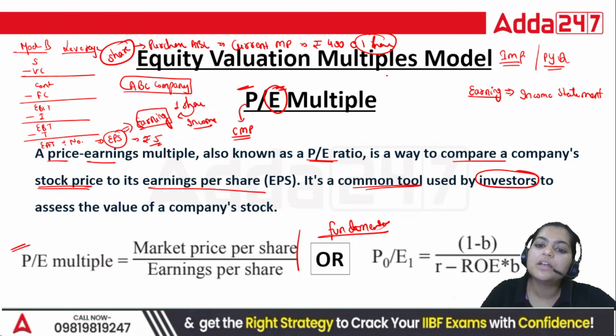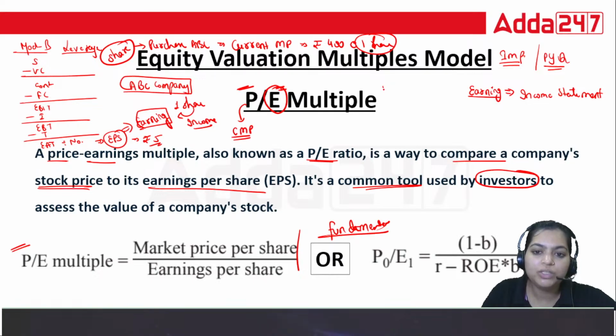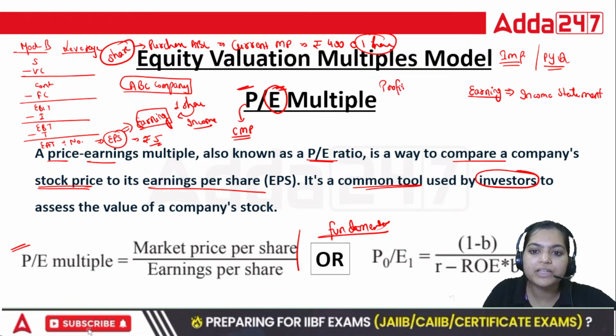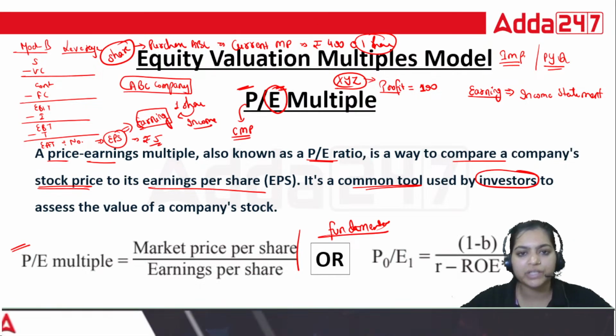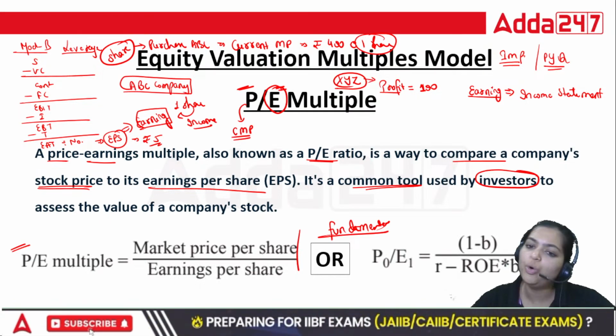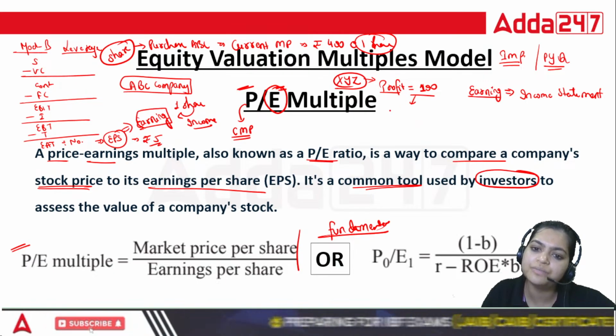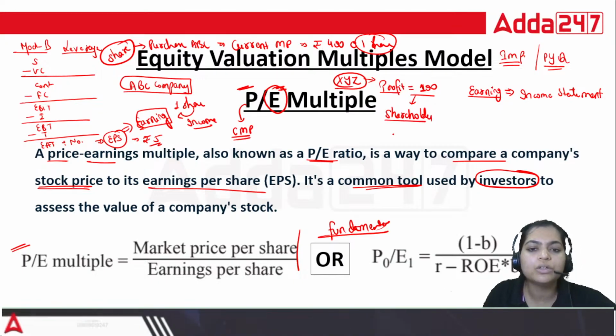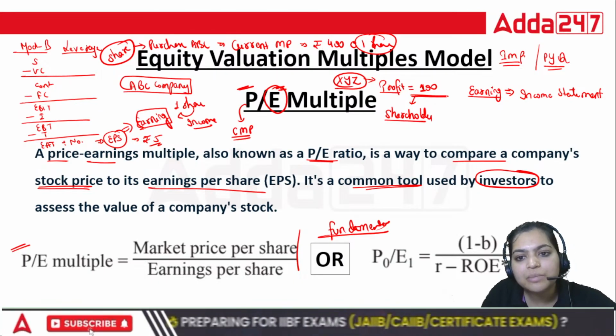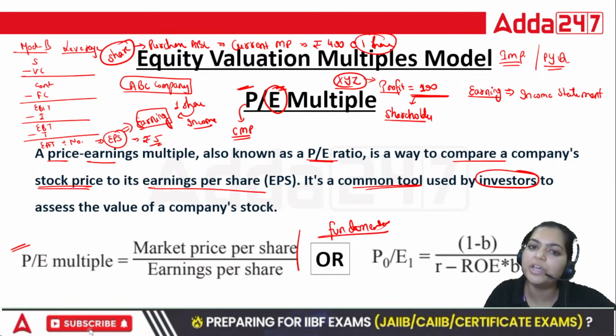See, let's say the company's total profit is rupees 100. This is what XYZ company earns. Now what do you think? Will the company distribute the whole profit to their equity shareholders as dividend? No. The company will not distribute 100% to the shareholders.